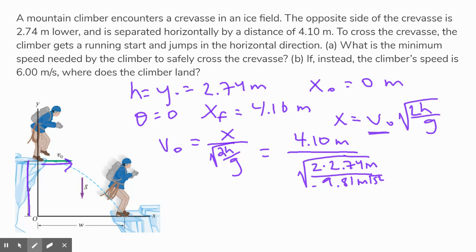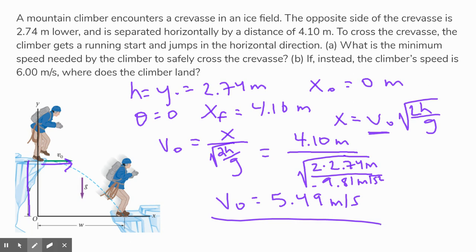And when we solve for this, it is just going to be equal to 5.49 meters per second. So that's what our velocity is going to need to be in order for this person to safely jump across the crevice.